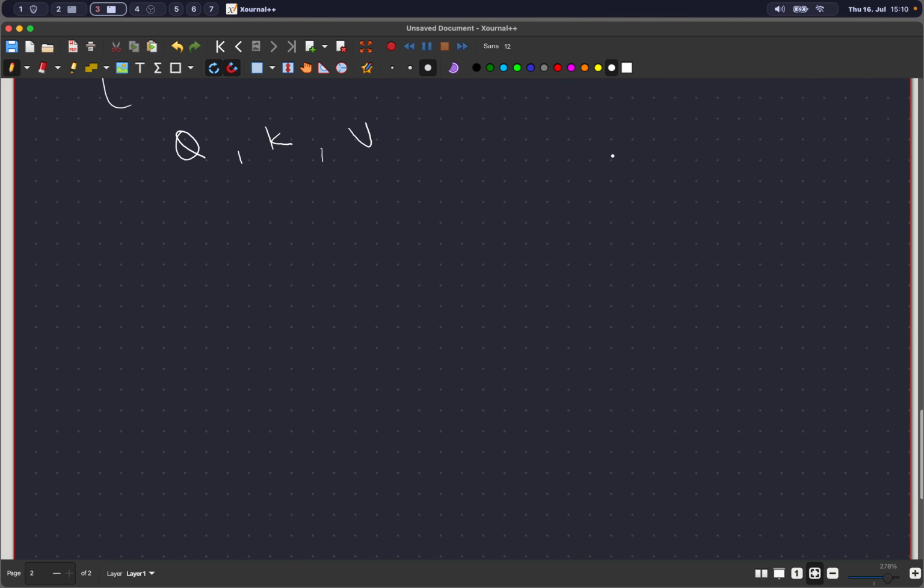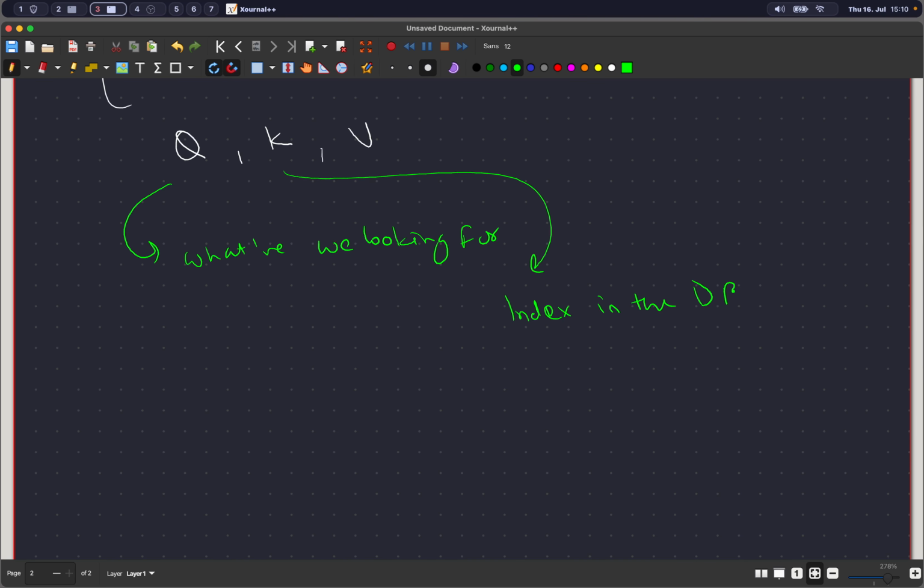The query tells you what we are looking for, whereas the key is, let's say, the indices or indexes in the data, and the value is the actual content stored.